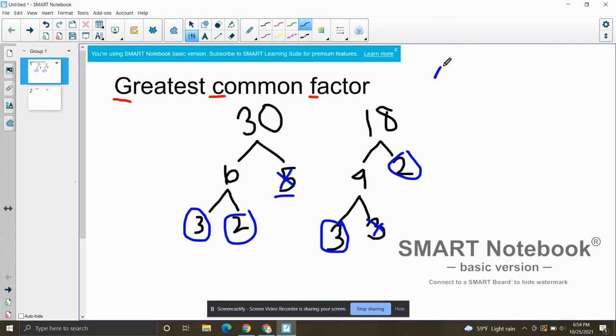So our common factors are 2 and 3. To find the greatest common factor, you're going to multiply these two numbers here, which give us 6. So our greatest common factor of 30 and 18 is 6.